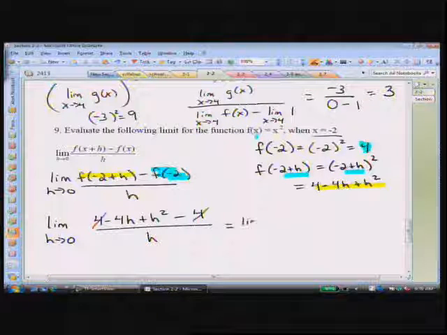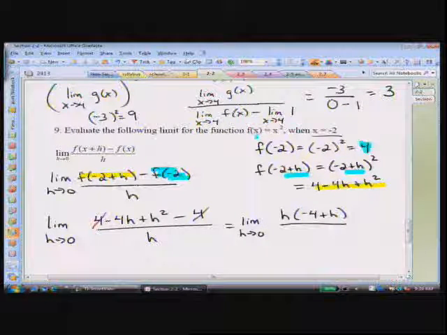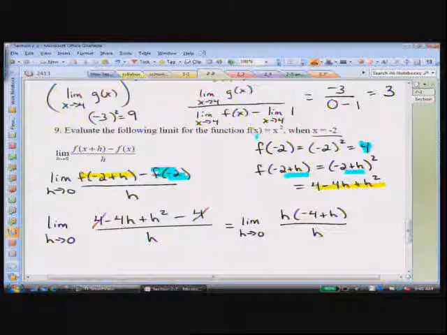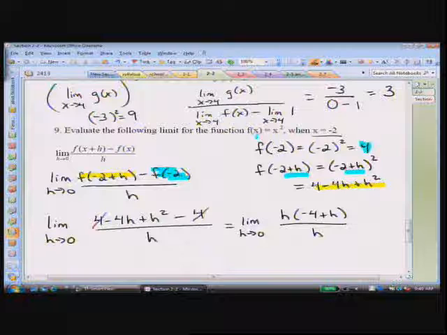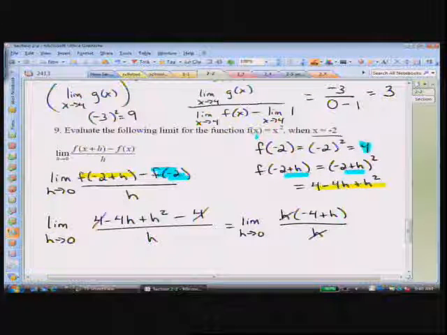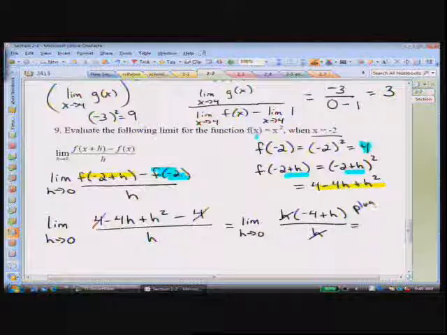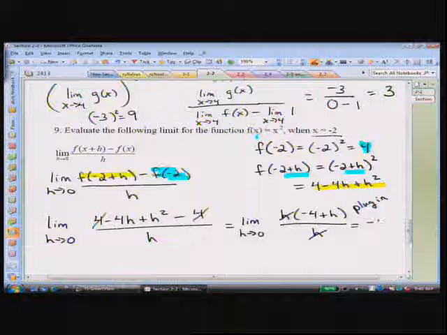So I can factor the h out of the numerator, and I'll have negative 4 plus h all over h. Remember, the whole idea of a limit is to plug it in. But if I plug it in at this moment, I have 0 over 0. Now I can cancel these h's because I factored it out. Now I plug in, and I get negative 4 plus 0, which is just negative 4.